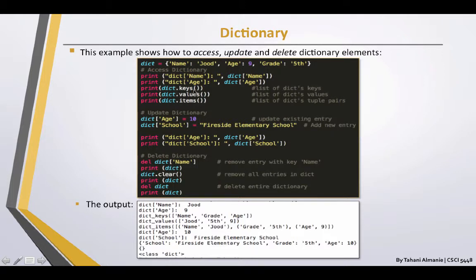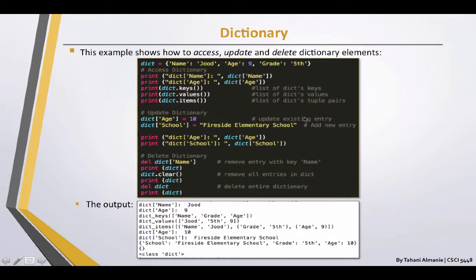And if you want to list all keys, use .keys method, and here .values to list all values, and .items to list all pairs. As you see here, this is the keys and this is the values, and here is the pairs in a list.